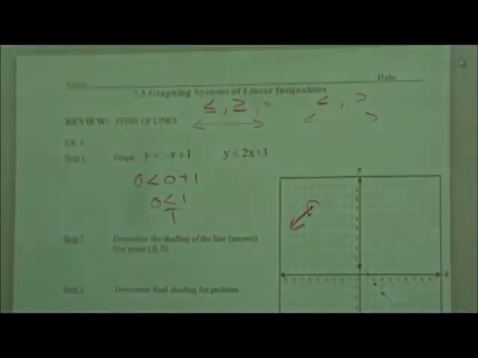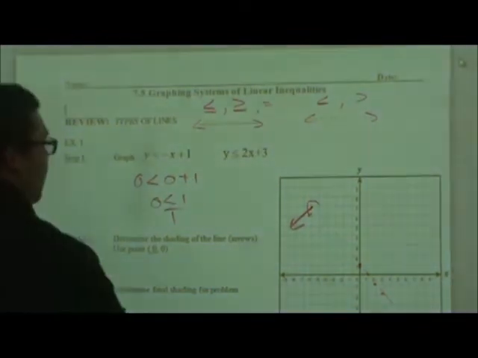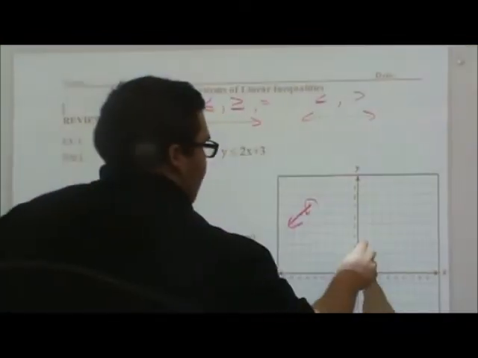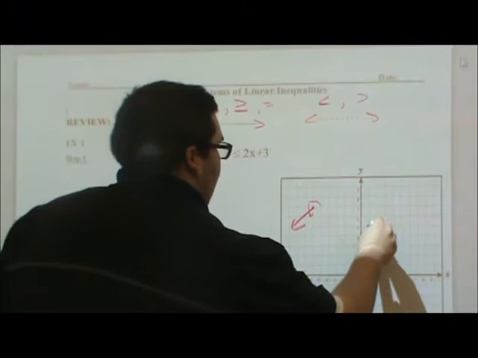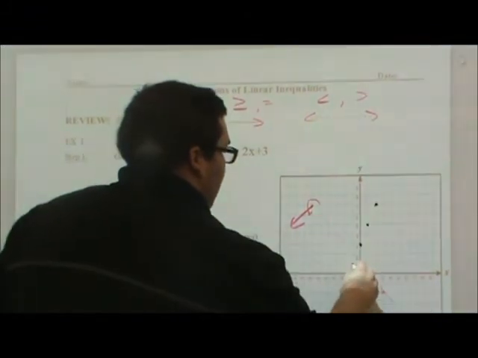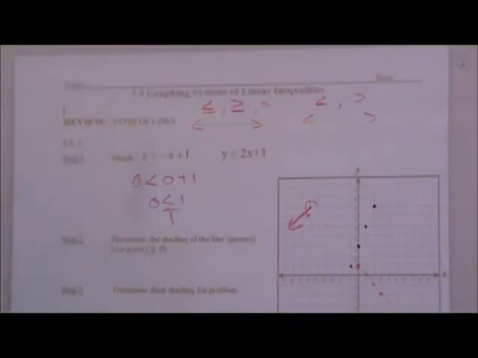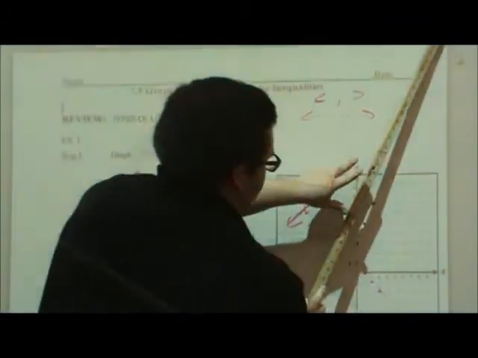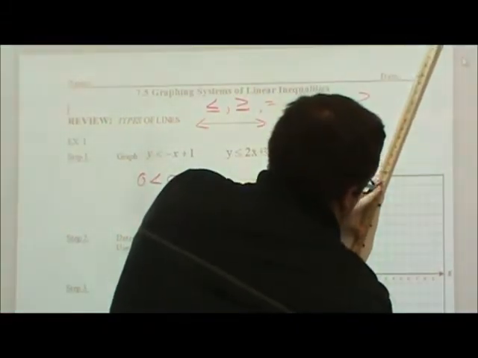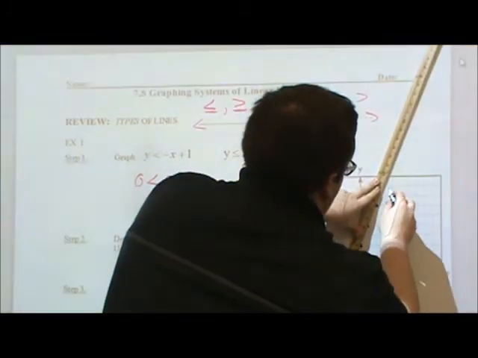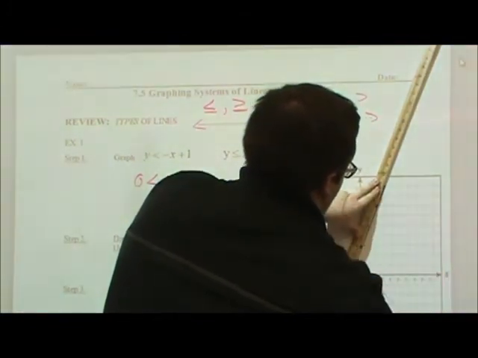Let's go to the second line. I'll switch marker colors here and switch to black. Start up at 3. Up 2 over 1. I'm going to go down 2 over 1 so I have another point. Use a ruler to connect them. Solid line this time because it's the equal to.